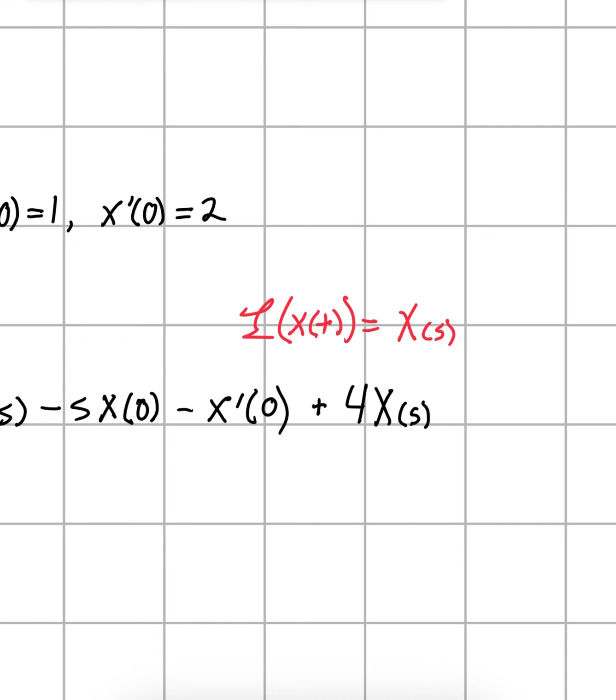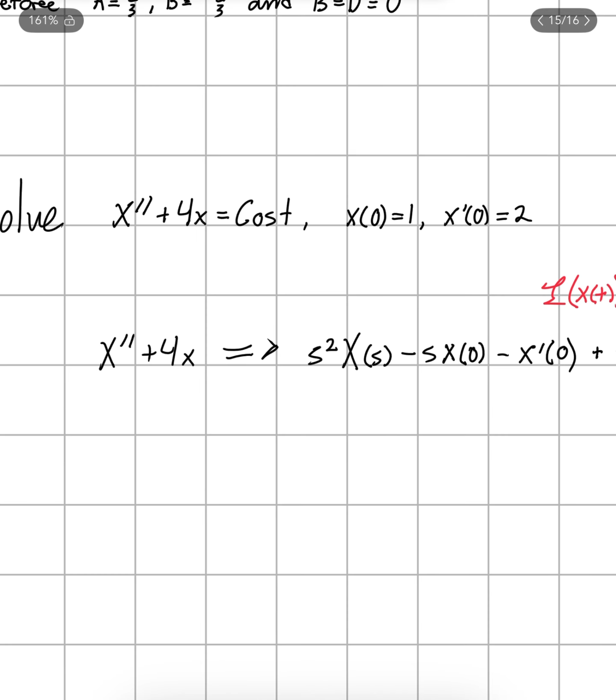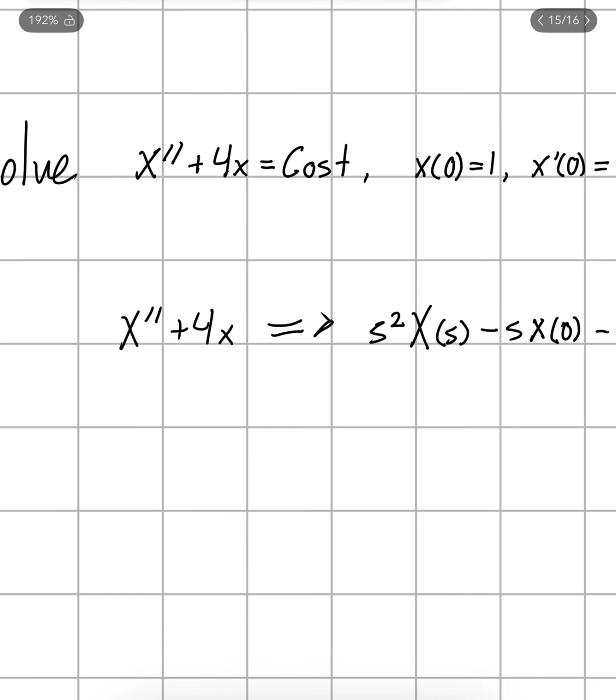Okay, the next thing we'll look at is the right-hand side of this equation, so the cosine of t. This follows another property of the Laplace transform table, which says that cosine w of t equals s over s squared plus w squared.